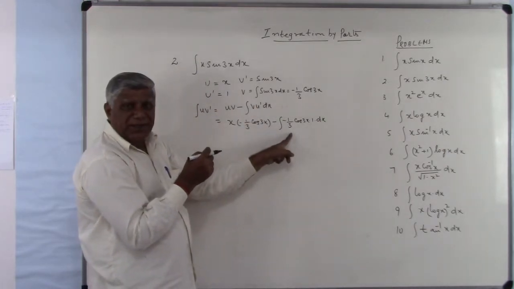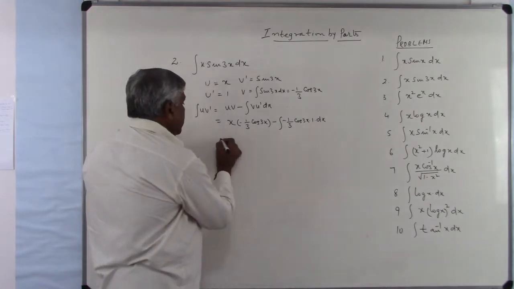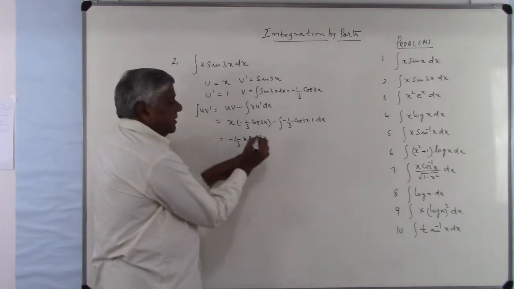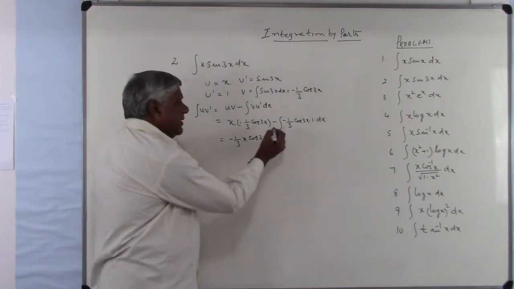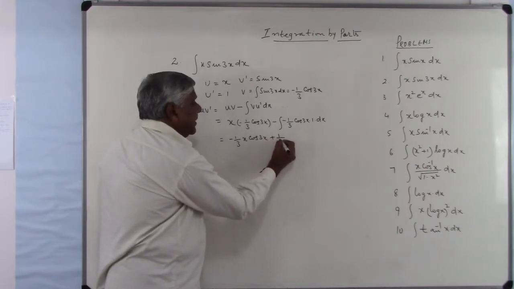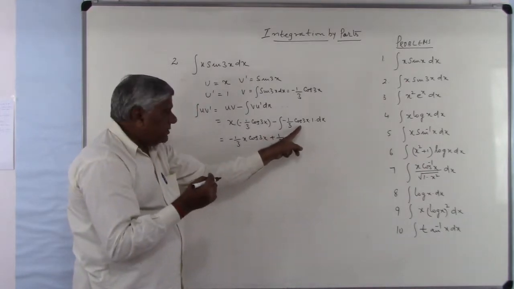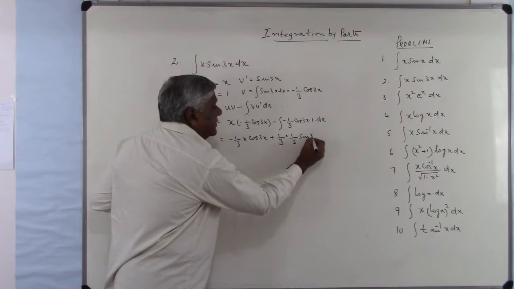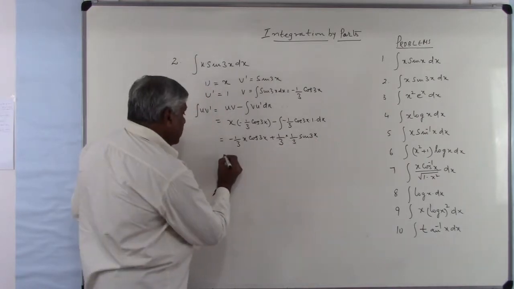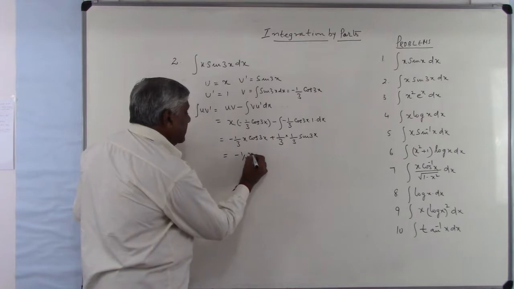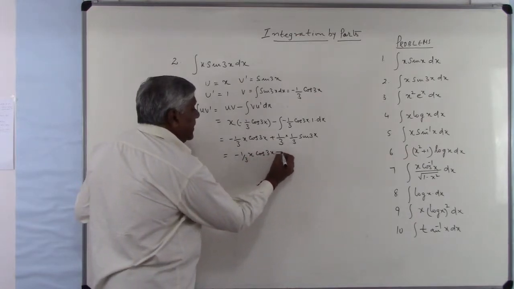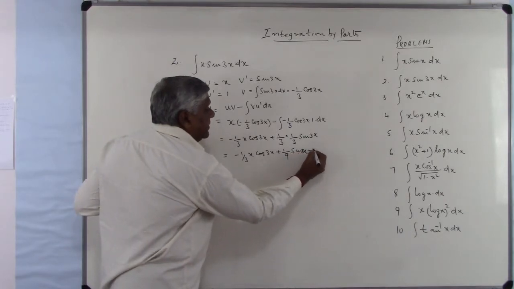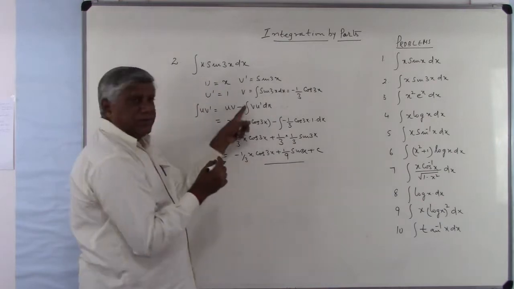Now this is equal to minus 1 by 3 x cos 3x, minus into minus is plus 1 by 3 integral cos 3x dx, which again is 1 by 3 sin 3x. So this is equal to minus 1 by 3 x cos 3x plus 1 by 9 sin 3x plus c. So this is the answer for this.